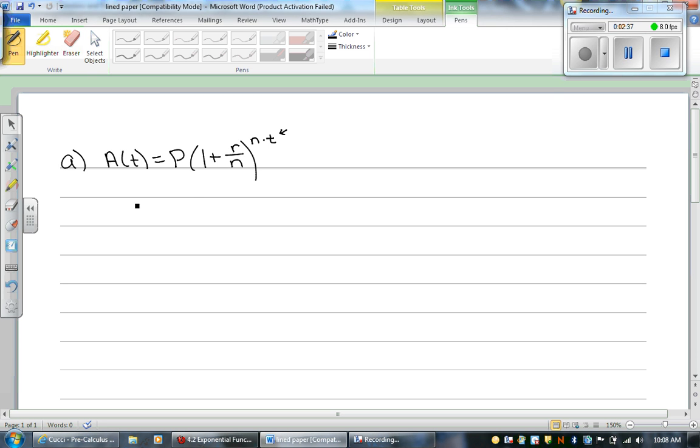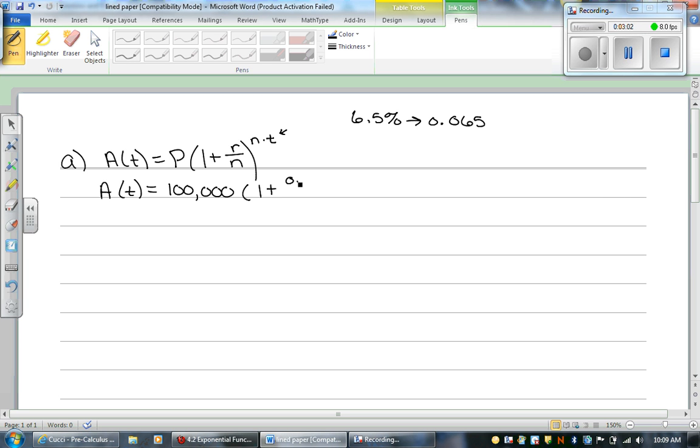So we know what our principal is. Our principal is $100,000. That's what we start with. 1 plus the rate, which was 6.5%. Now, if you remember, we can't put percent in, so you do have to change that to a decimal. Okay, moving the decimal place 2 places.